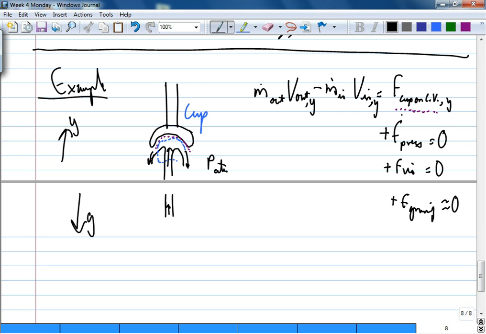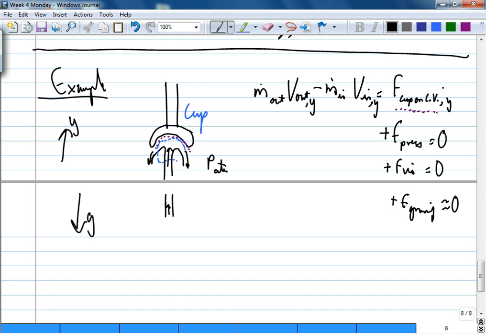So the pressure everywhere except for the purple part is 0. The pressure on the purple surface may not be 0. That's where the cup pushes on the fluid. So it's actually accounted for in this one here. Pressure at the cup interface is accounted for by this term here.